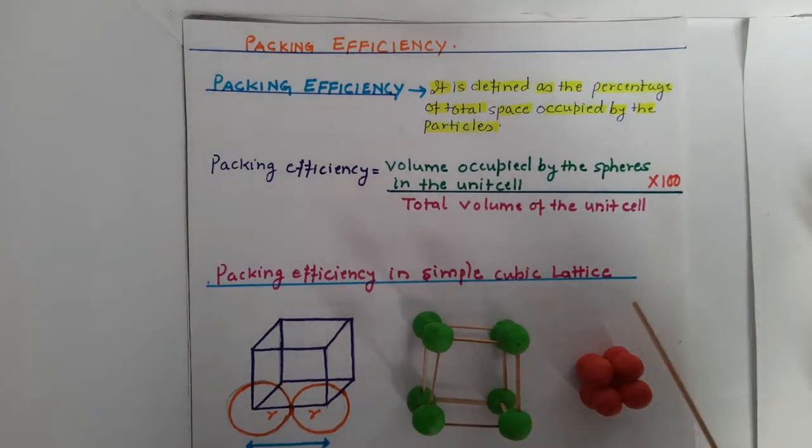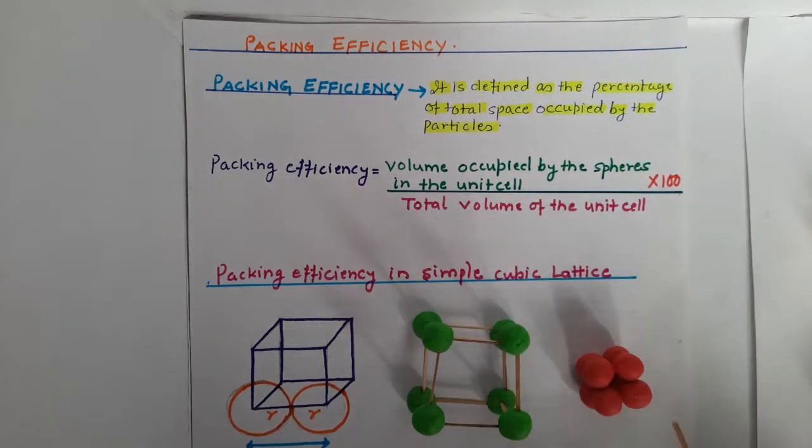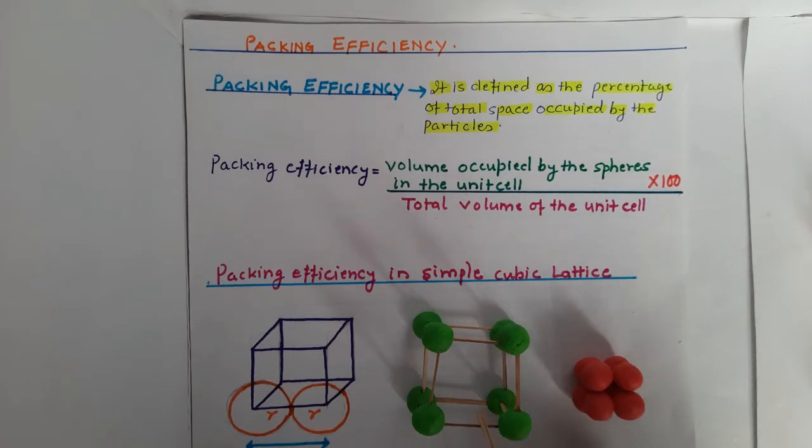Now, this type of unit cell arises as a result of square packing of these spheres, where the spheres are placed only at the corners of the unit cell. This is the primitive unit cell of simple cubic lattice.